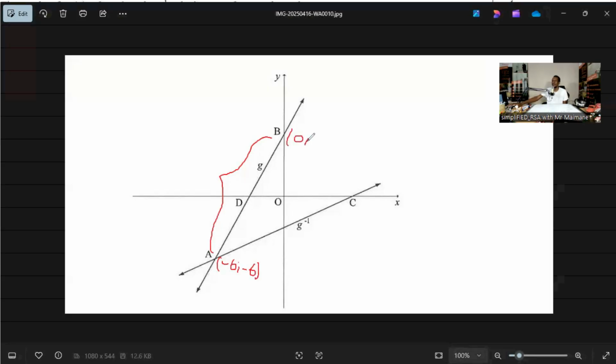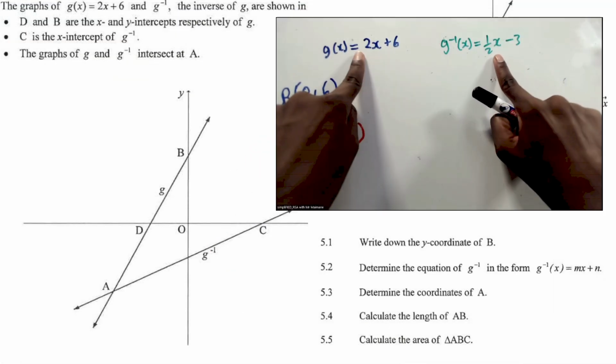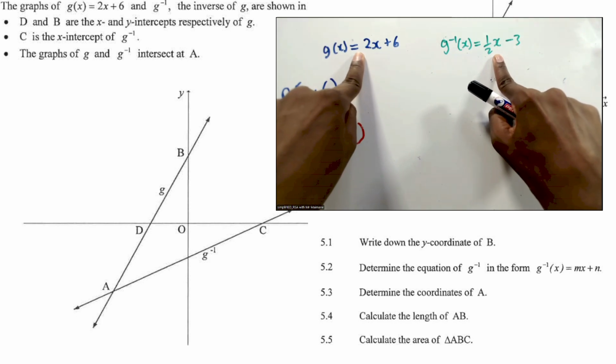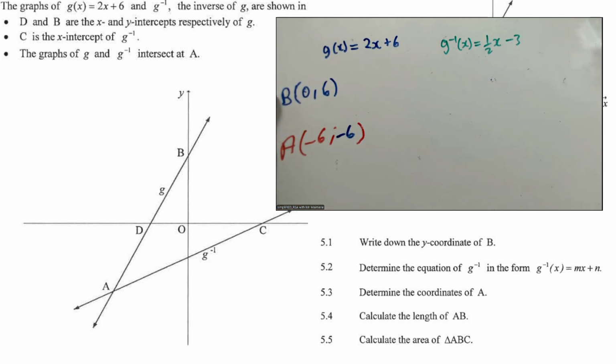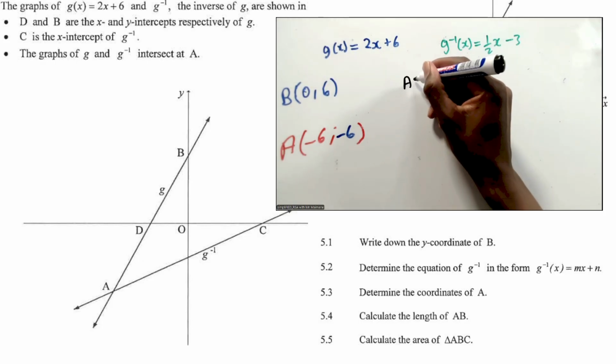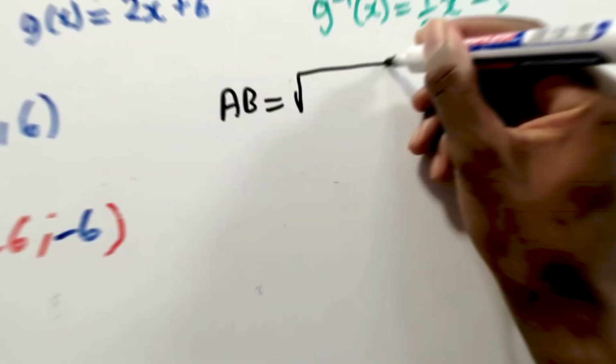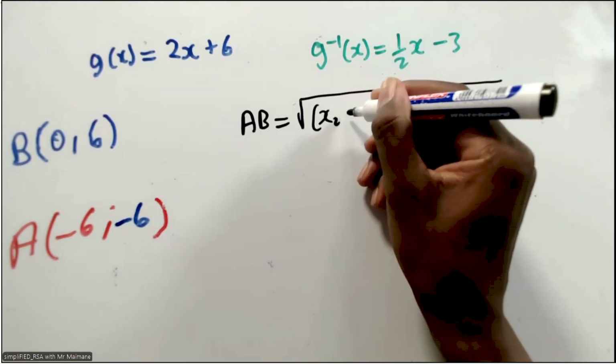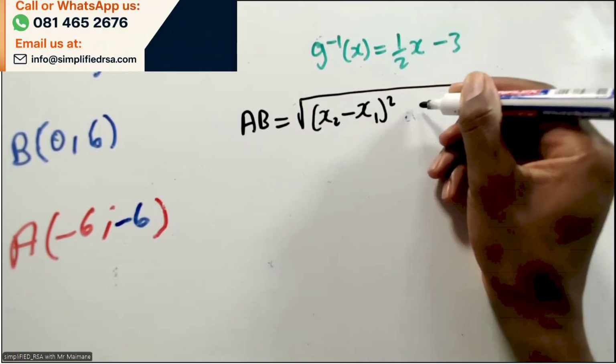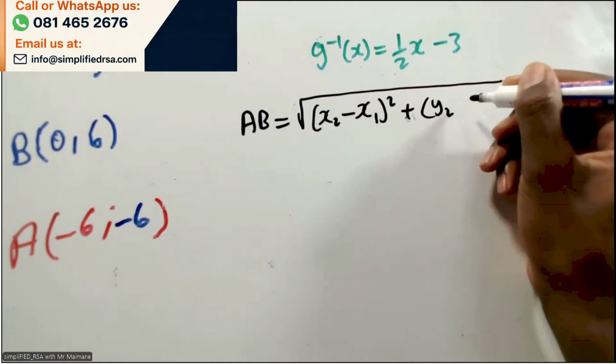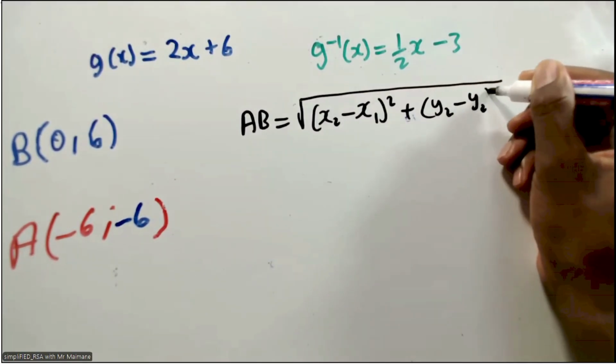And then to get the length of AB, I'm not going to stress. I'm just going to use the distance formula. Now, here are the functions for the two lines, and the coordinates of B are 0 and 6. The coordinates of A are -6 and -6. To get the length of AB, I just have to use the distance formula, which states that (x2 minus x1) squared plus (y2 minus y1) squared.